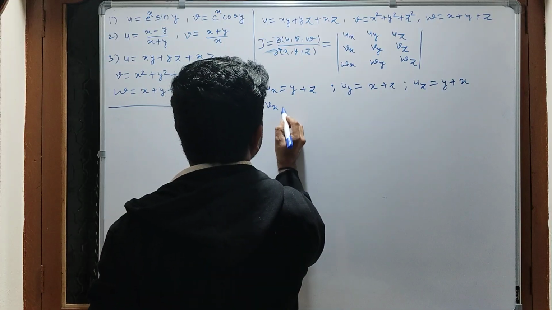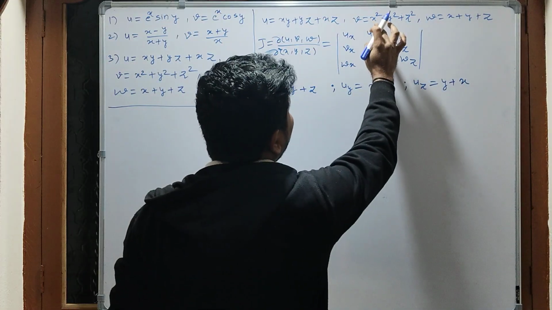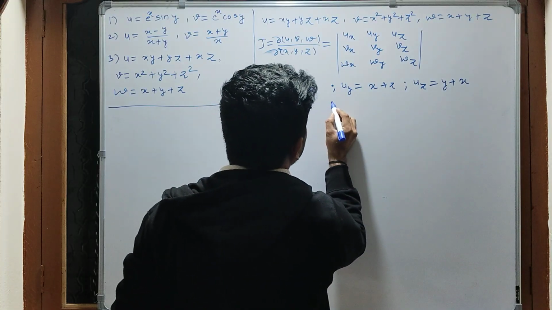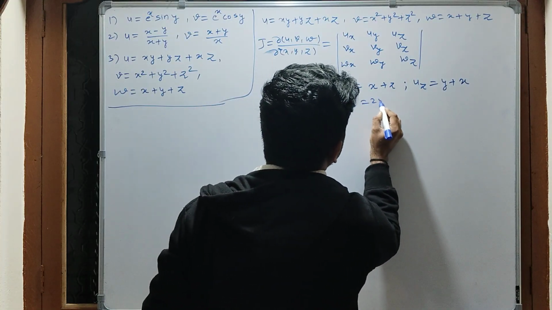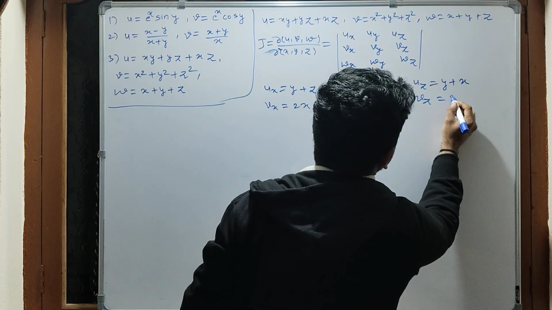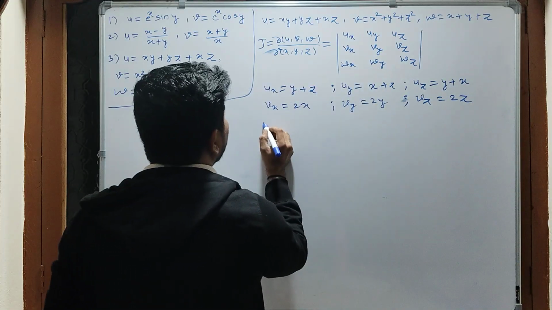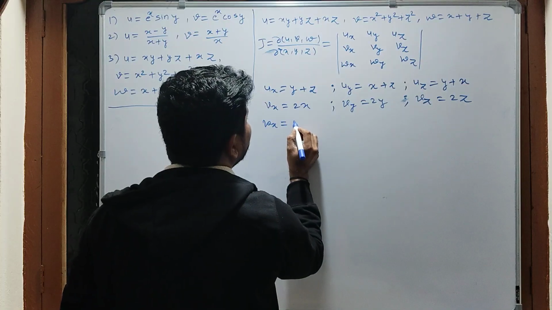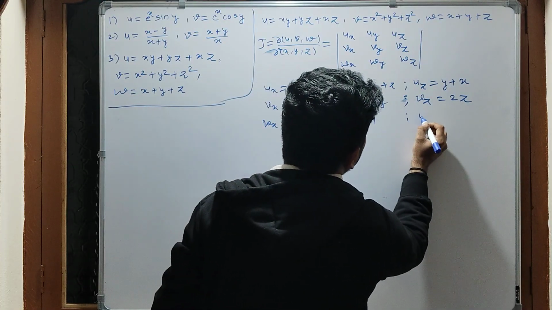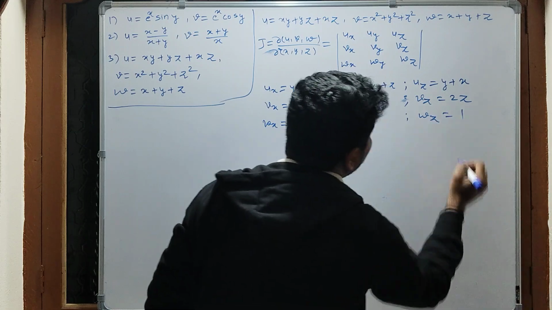In the same way, while finding the partial derivative with respect to x, these two are constant. This is 2x. Here vy is 2y, vz is 2z. Now wx: the partial derivative of w with respect to x is 1, with respect to y is 1, and with respect to z is again 1.